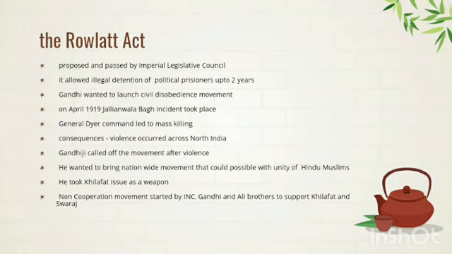According to this act, political prisoners could be detained in prison for 2 years without any trial. So, Gandhiji decided to oppose it with Satyagraha. 6th April 1919 was observed as Satyagraha Day, and it was the first countrywide agitation led by Mahatma Gandhiji. It also marked the foundation of the non-cooperation movement.